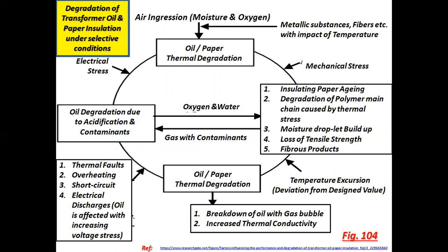Degradation of transformer oil and paper insulation under selective conditions. First of all, air ingression, moisture and oxygen, and some metallic substances, fibers, etc., with the impact of temperature. Oil and paper, some thermal degradation.